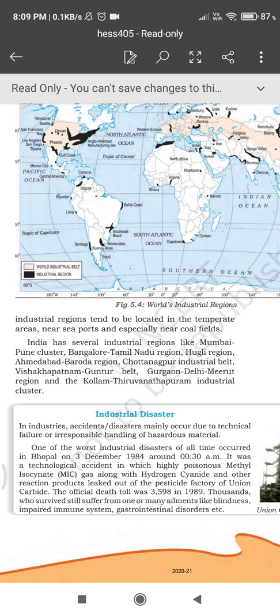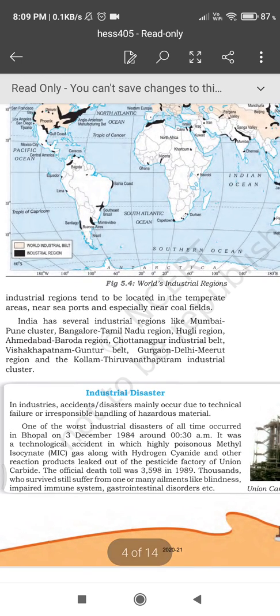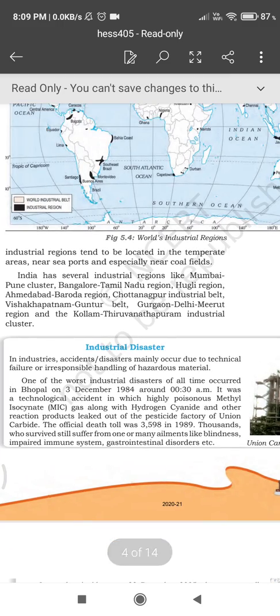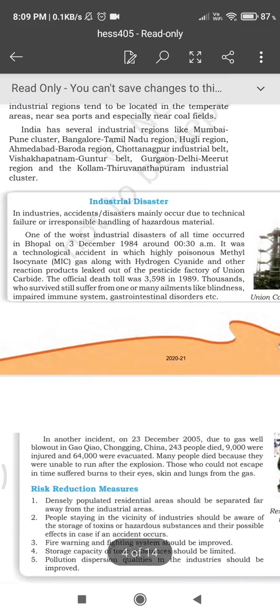And thousands of persons who were suffering from any ailment or blindness or any skin diseases are separate from that death toll. That was because of leakage of harmful gas.